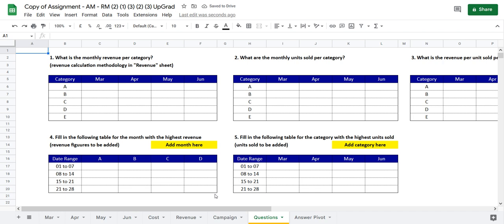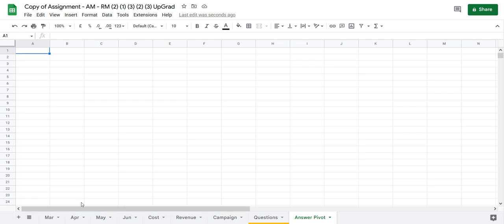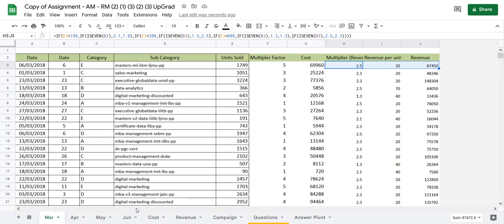If you observe carefully, the first question is: what is monthly revenue per category? So for March, we have revenue here.